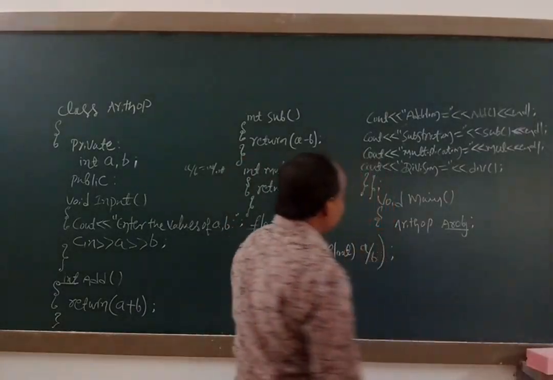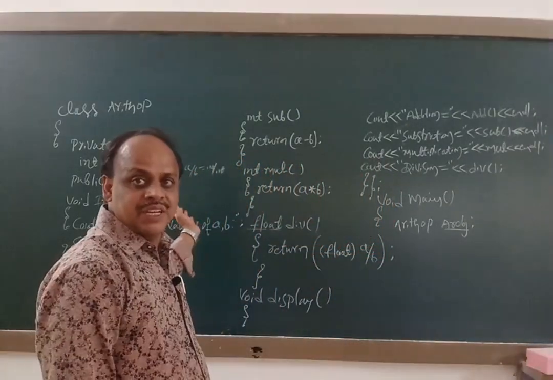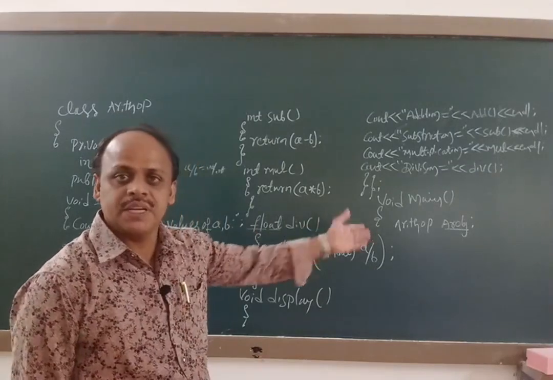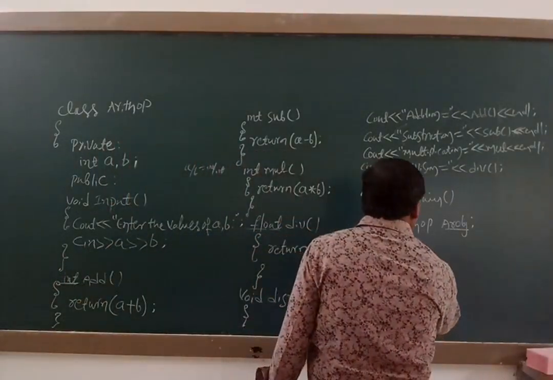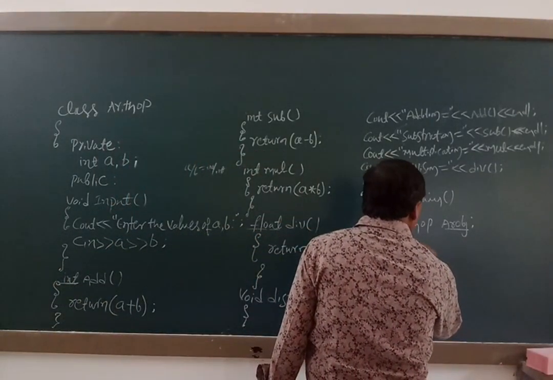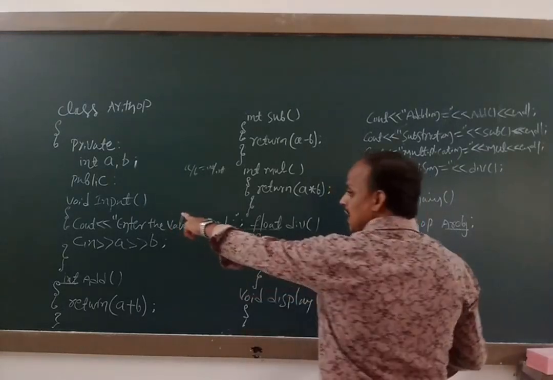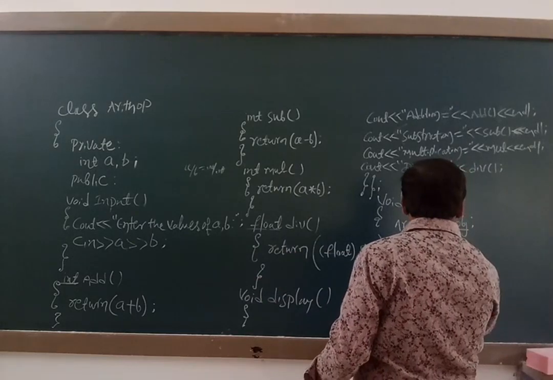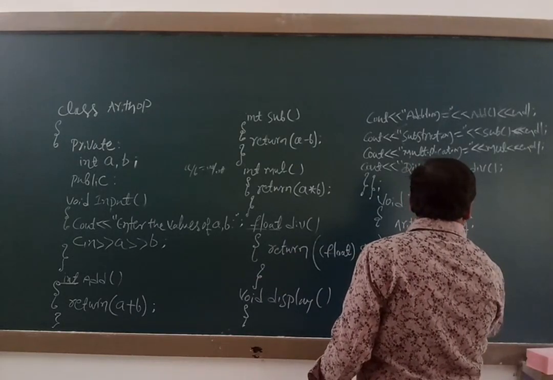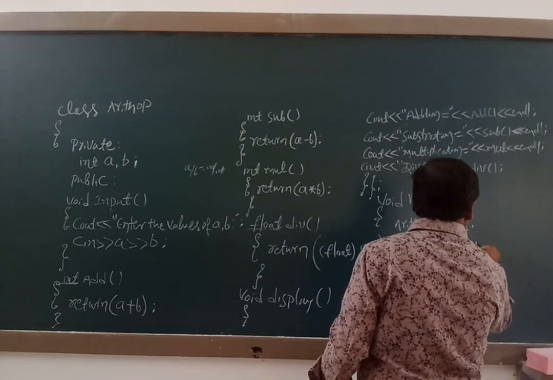Next, call each member function with the help of the object, that is AROBJ dot. First we have to perform the input operation, right? AROBJ dot input function.